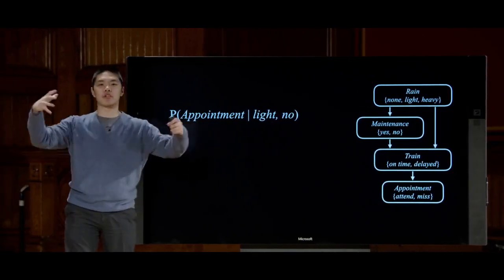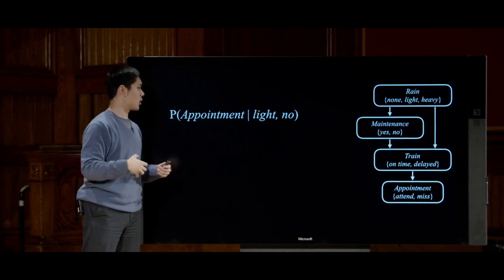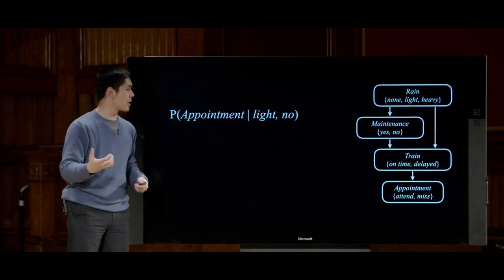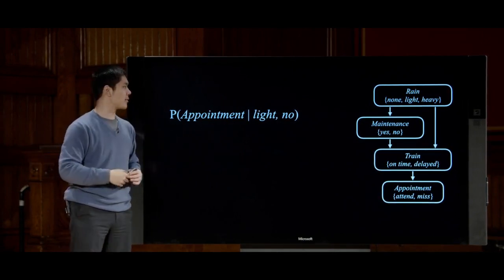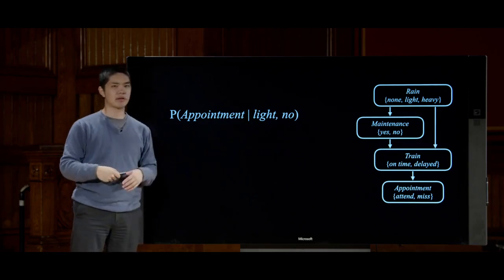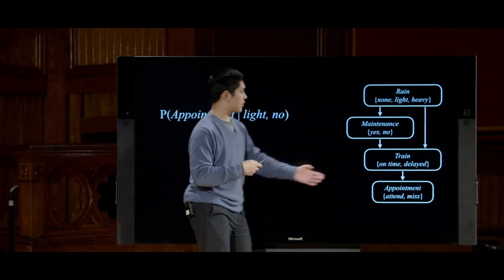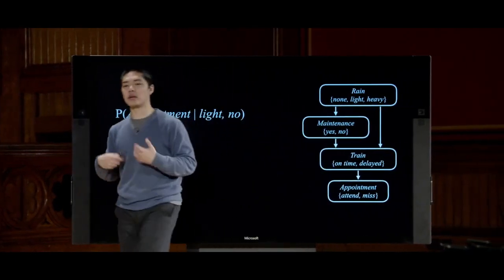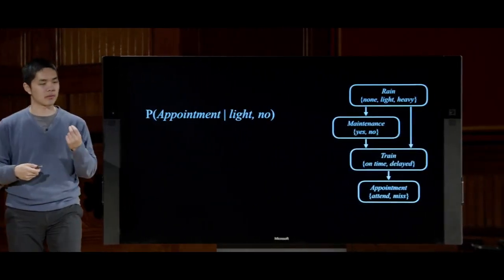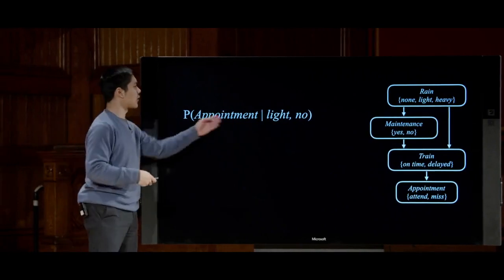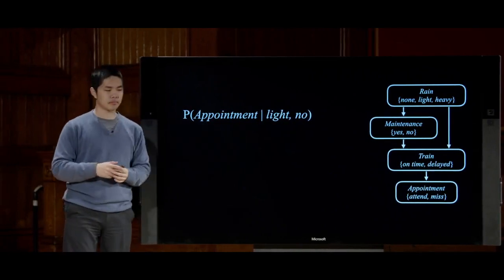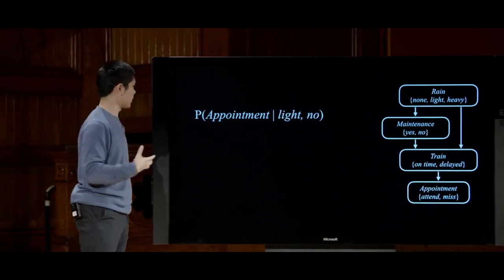I want to know the distribution of this random variable appointment, like what is the chance that I'm able to attend my appointment, what is the chance that I miss my appointment, given this evidence. And the hidden variable, the information that I don't have access to, is this variable train. This is information that is not part of the evidence that I see, not something that I observe, but it is also not the query that I'm asking for. And so what might this inference procedure look like?